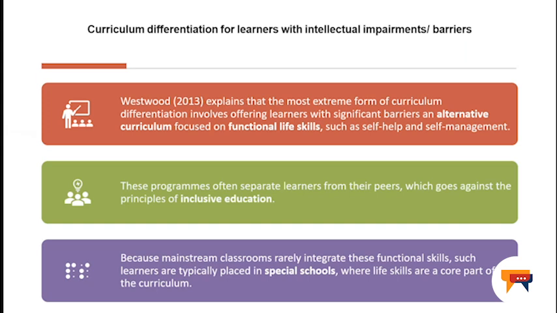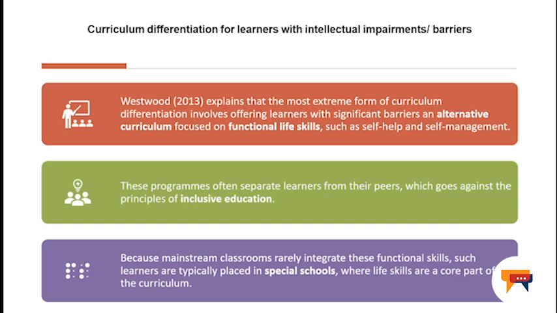Let's look at curriculum differentiation for learners with intellectual impairment. Westwood 2013 explains that the most extreme form of curriculum differentiation involves offering learners with significant barriers an alternative curriculum focused on functional life skills, such as self-help and self-management.